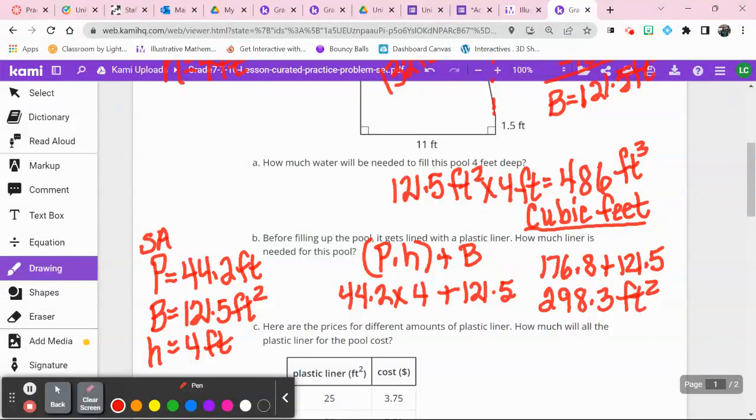So when I write my answer in Formative, 298.3 square feet. There you go. Now you know the right way to put it in. All right. If you need to pause, please pause it. I'm clearing this screen.